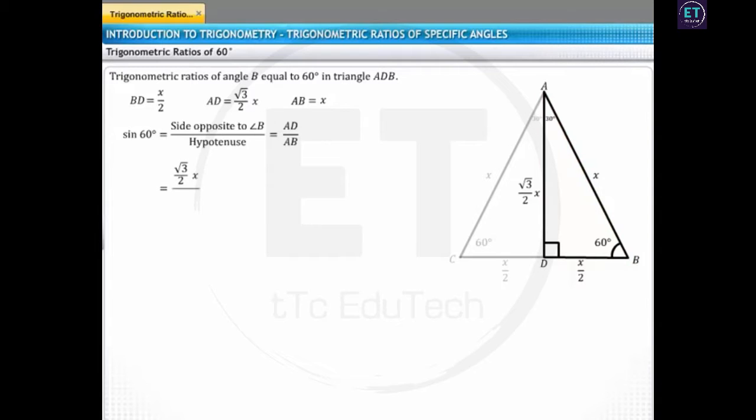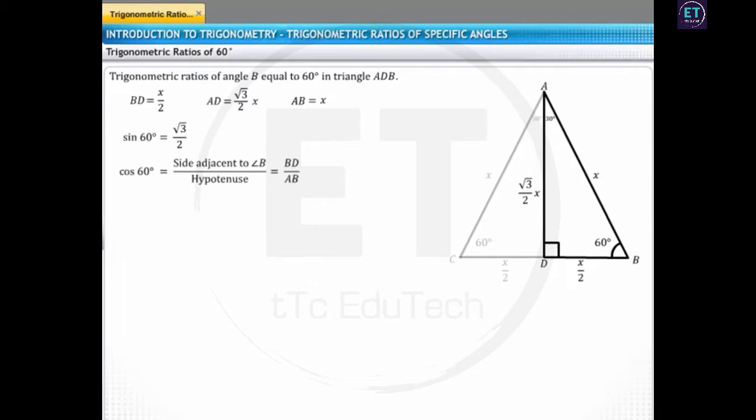Putting in the values of AD and AB, we get sine 60 degrees as root 3 by 2. Cos 60 degrees is equal to the ratio of BD, the side adjacent to the angle B, and the hypotenuse AB. Putting in the values of BD and AB, we get cos 60 degrees as 1 by 2.